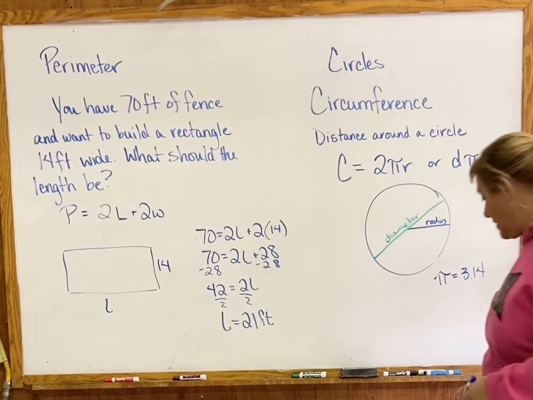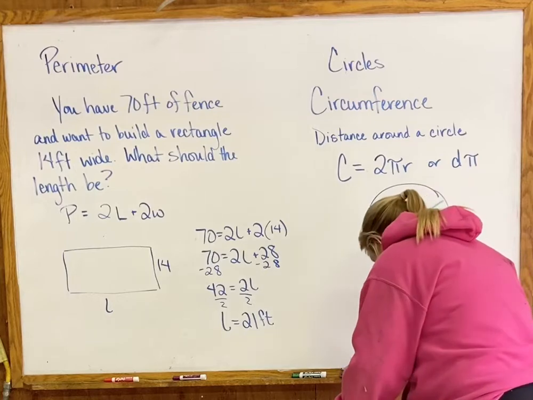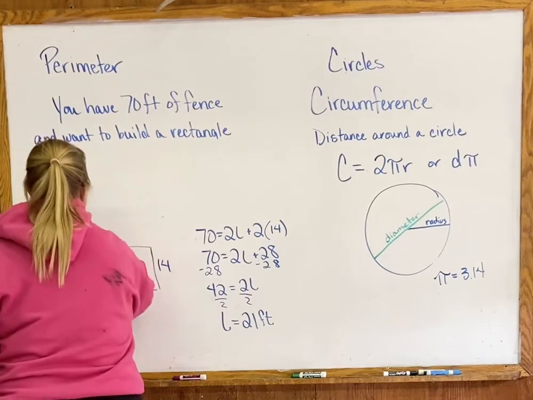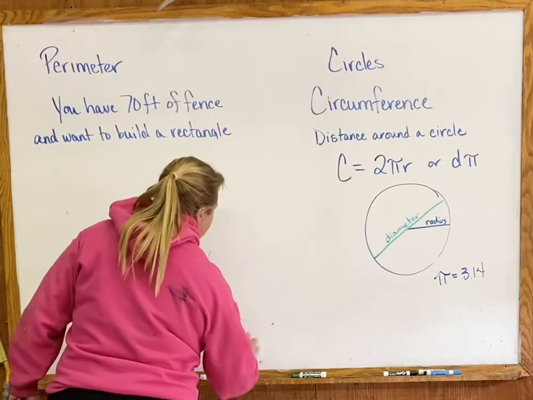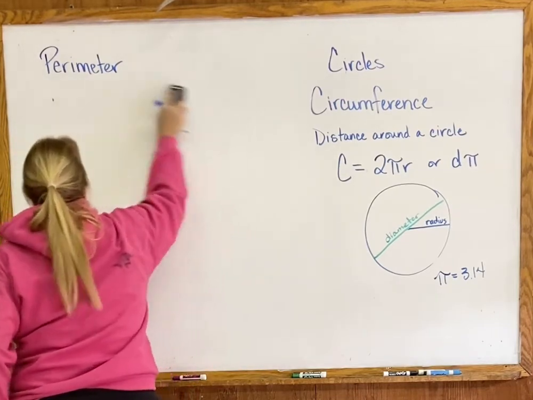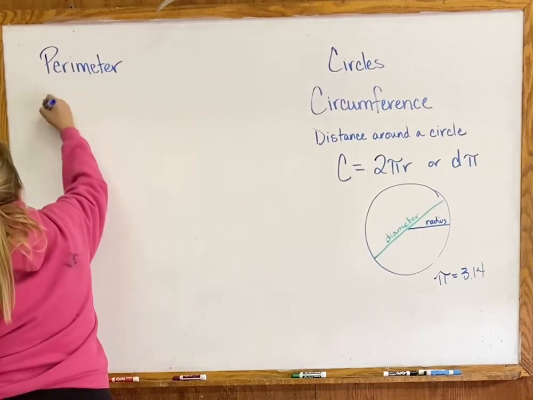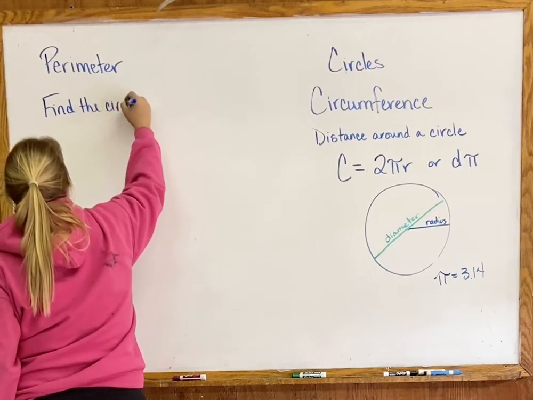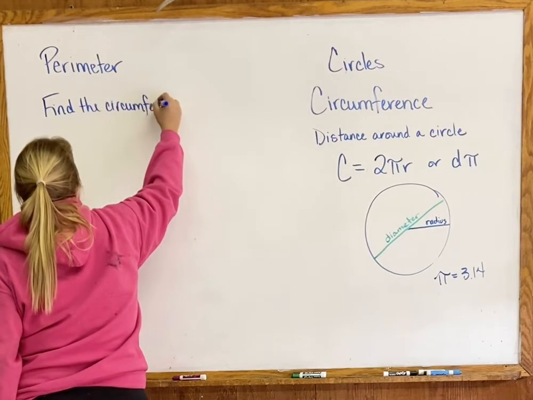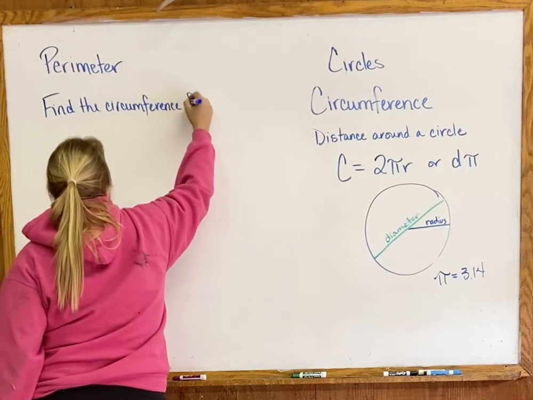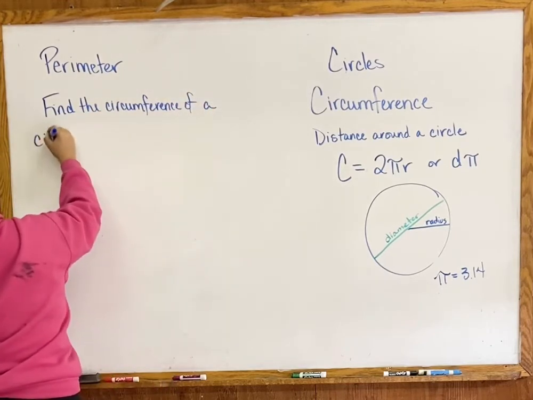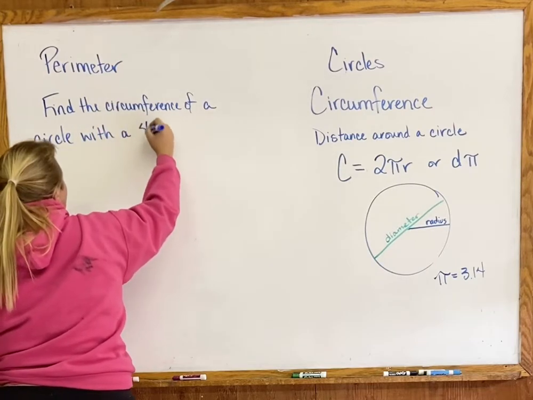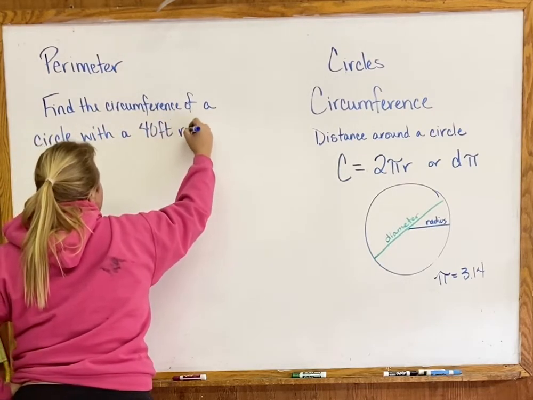Okay, so let's see what our problem looks like here. Find the circumference of a circle with a 40-foot radius.